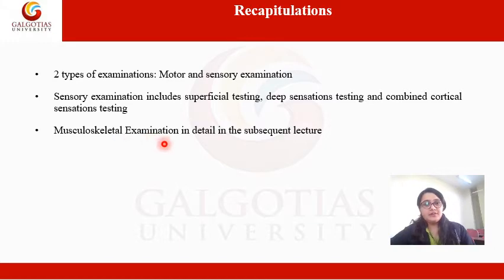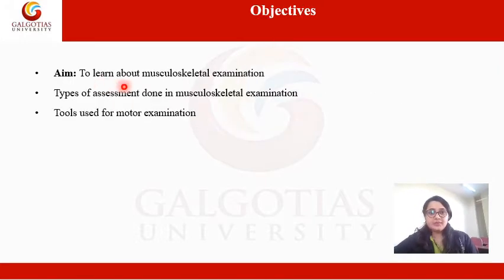Now, today we'll be reading about the musculoskeletal examination much more in detail. We'll be doing it step by step. So the aim is to outline the musculoskeletal examination much more in detail. We'll be seeing what kind of assessment, what the components are, and what the tools are which are used for motor examination.